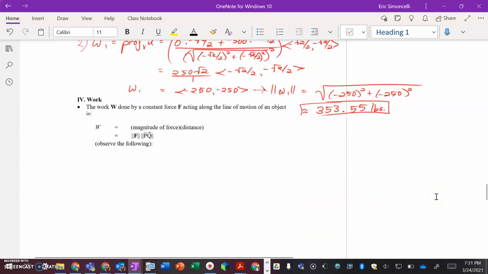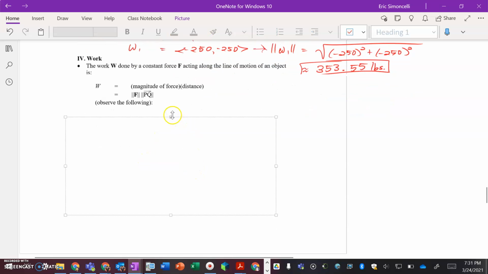Let's talk about work. The work done by a constant force F acting along the line of motion of an object is the following: W, work, is equal to the magnitude of the force times distance, or the magnitude of the force vector F times the magnitude of the distance vector PQ. So let's observe the following.